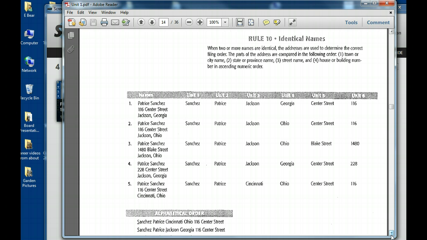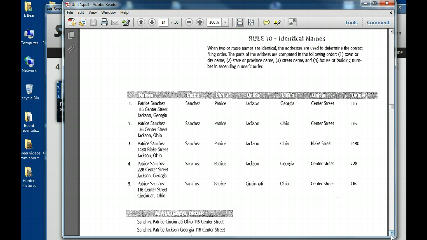We then have to go back and look at the 4 that all have Jackson as the city. The next step is to look at the state. 1 and 4 have Georgia, and 2 and 3 have Ohio. Because G comes before O, we will be looking at 1 and 4 to determine which comes next. Both addresses are on Center Street, so we need to look at the house or building number.